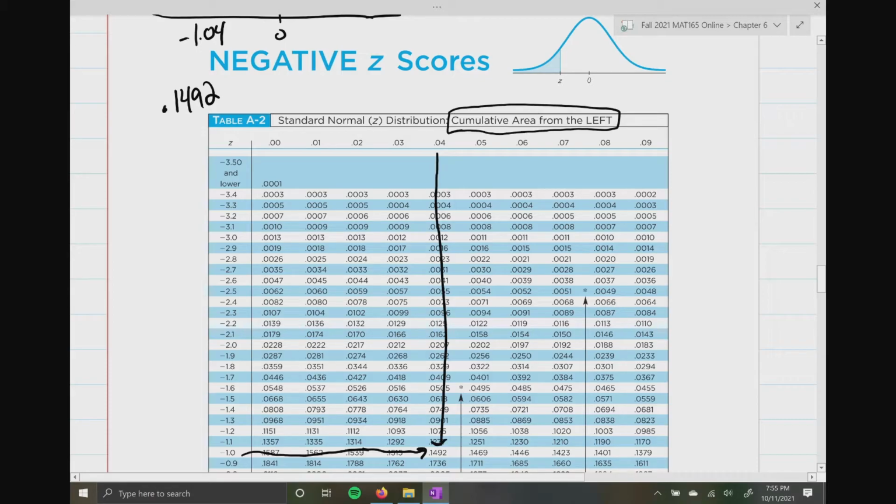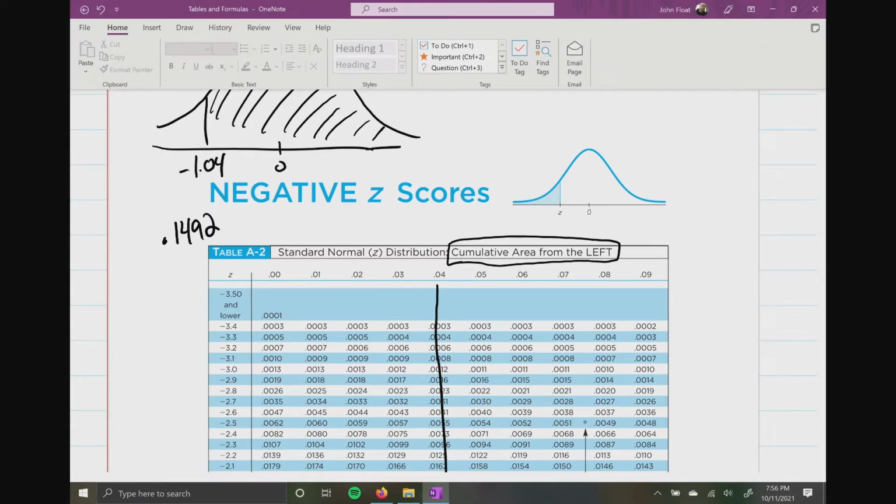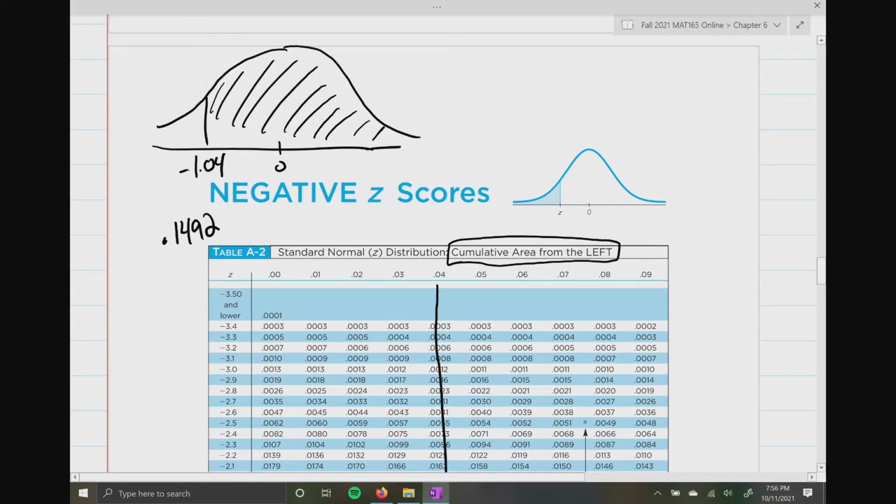Okay, but here's what I actually got. I'm going to change the color, and I'm going to write it right here. It gave us the left-hand side, but we don't want the left-hand side. We want the right-hand side. So this is where the theory kicks in.